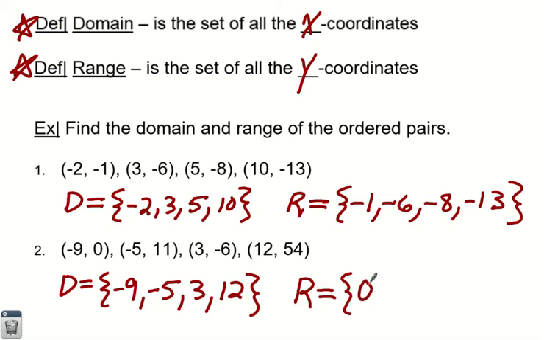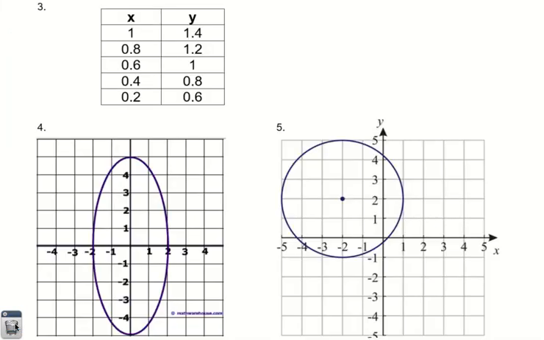The range, 0, 11, -6, and 54. It's just all of the y values. And again, don't be surprised if you are supposed to put them in order, or you would see them in order numerically as multiple choice answers. Number 3. I'm gonna fast track this.